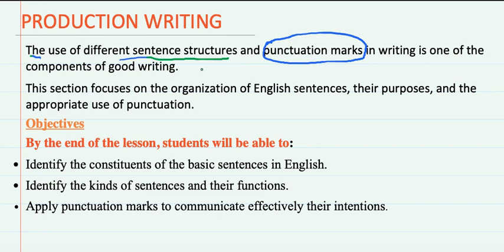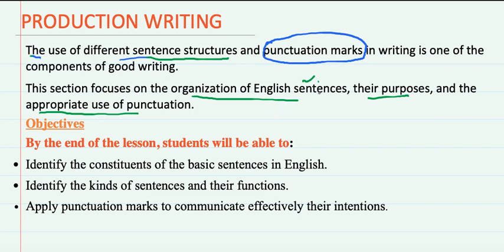So if we're able to blend our sentence structures, punctuation marks, such as comma, full stop, and the rest, then we'll be able to communicate well. So this session will focus on organization of English sentences, their purposes, and the appropriate use of punctuation. But we will actually focus on sentences more, and later on we will bring in the punctuation.